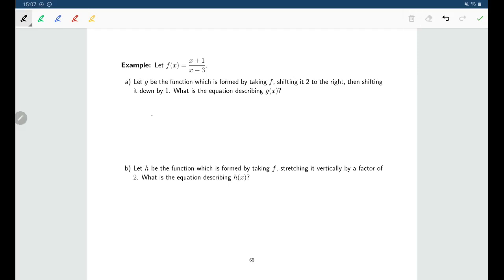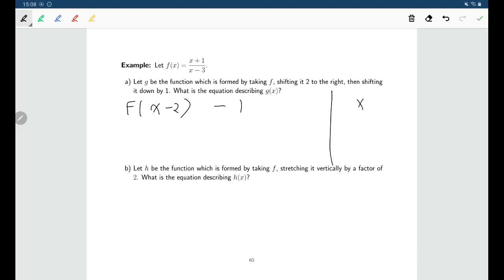I know that if I were to take f of x and take that entire function and subtract 1 from it, that would represent taking my function and shifting it down by 1. That was how we had defined vertical shifts. F of x plus k was a shift up. F of x minus k, that was a shift down. Also, I want to shift it 2 to the right, and we know that if you were to take the x values and have them replaced with x minus 2, that would represent a shift to the right.